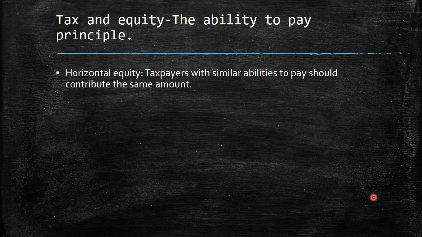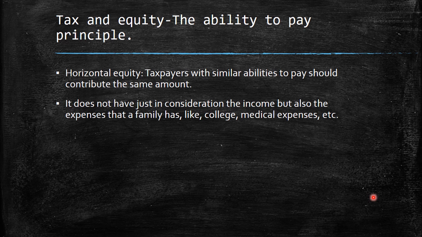And the other one is horizontal equity. Taxpayers with similar abilities to pay should contribute the same amount. This is important because imagine that there are two families, they earn the same quantity of money during the year, $100,000, so all this money is going to be taxable.